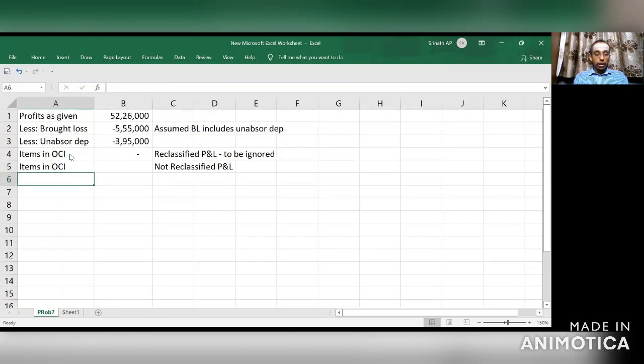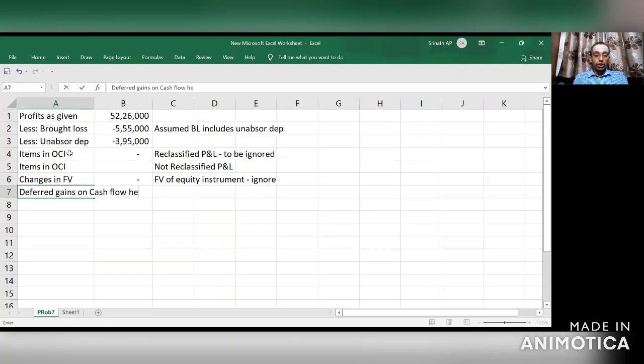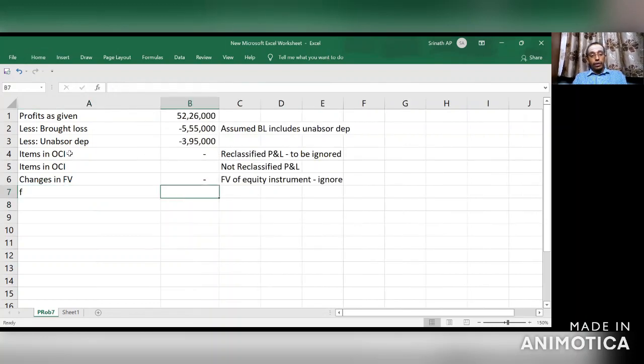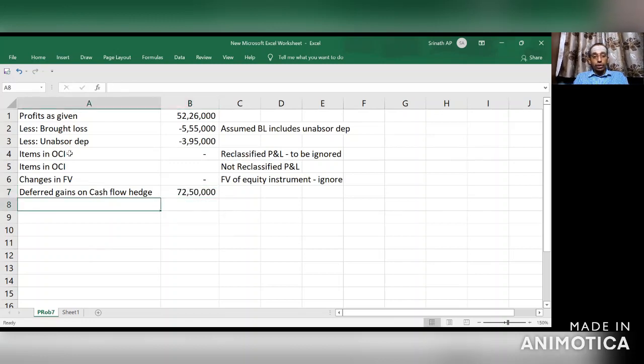Under that, changes in fair value of equity instrument, ignore. Then deferred gains on cash flow hedge. It's an item of credit, therefore it has to be added: 7,25,000.